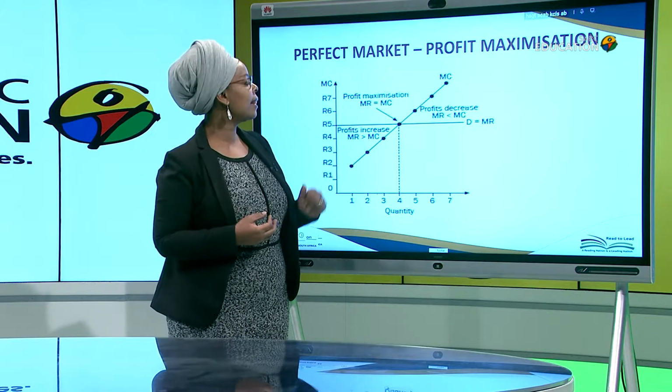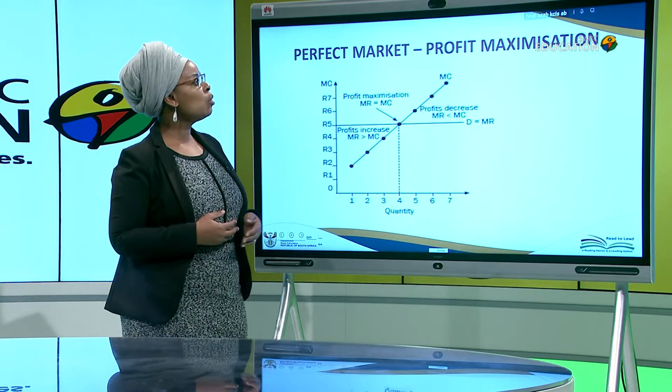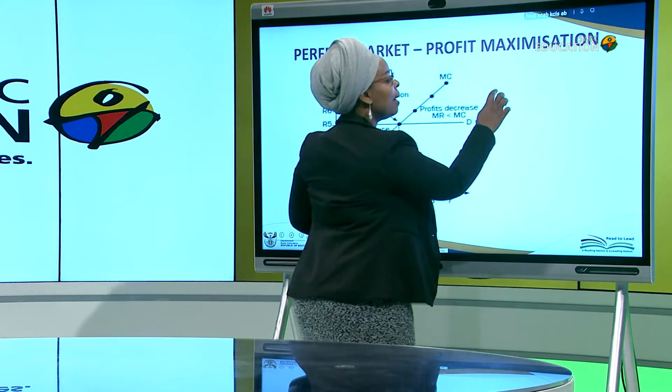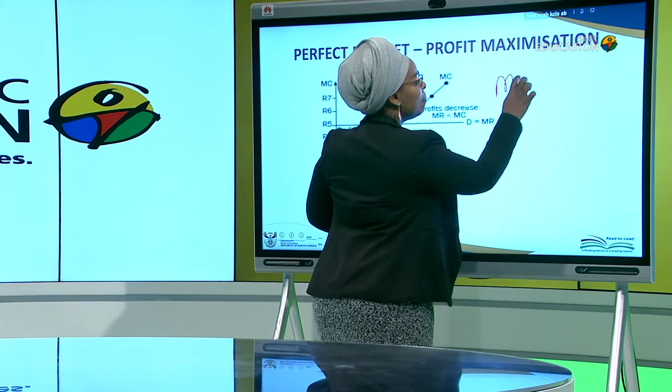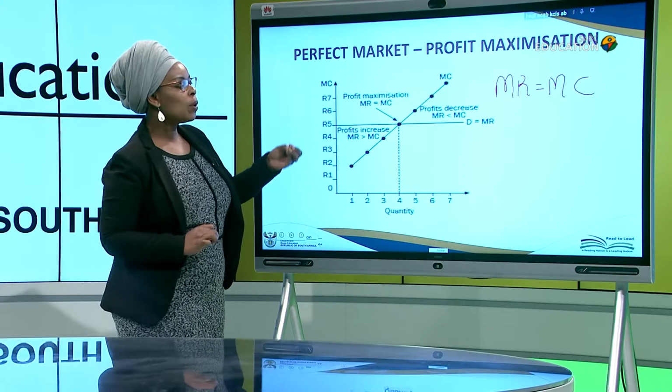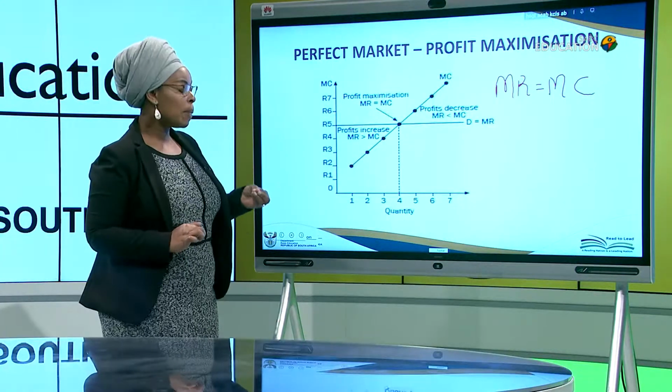So looking at this graph, we're going to look at profit maximization using what? Using the MR equals to MC approach.